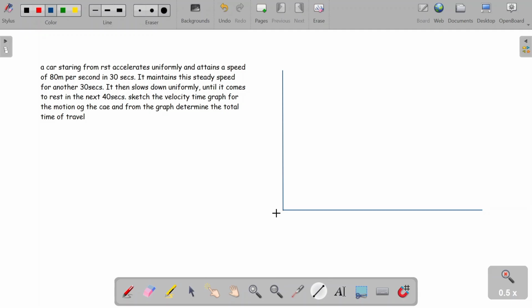So he starts from rest, and starting from rest means he starts from zero. So zero. And he accelerates uniformly. That is, it's not like it's all over the place acceleration. It's not like it speeds up, then goes down, speeds up, goes down. It's accelerating at a steady pace.